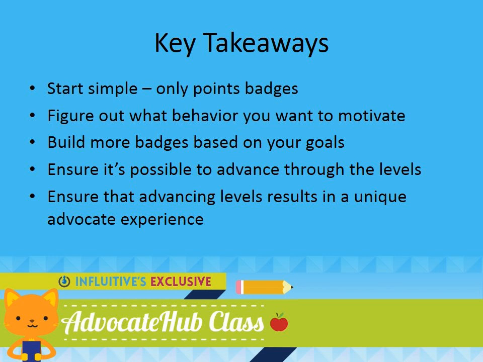You want to make sure that you're recognizing that is good enough. That, yeah, we really like that you're doing beta testing. That's really cool. We're really happy you participate in that case study. But too bad. If you're never going to give us referrals, then you're never going to get to the next level. So really, think about what type of messaging your level progression experience gives to your advocates, because I think that's a really important thing to keep in mind.